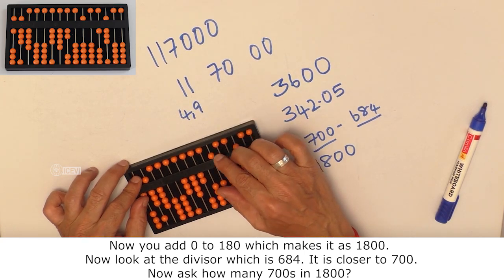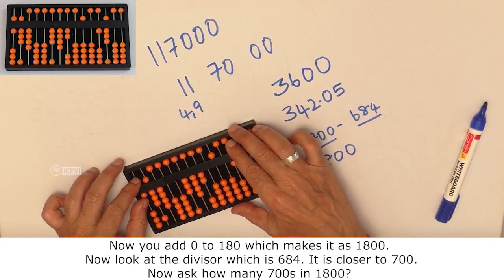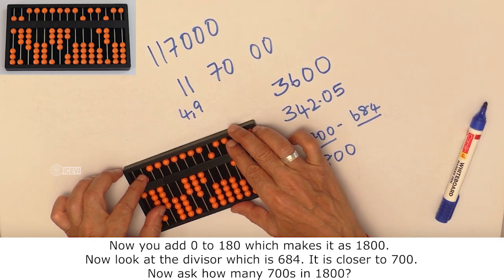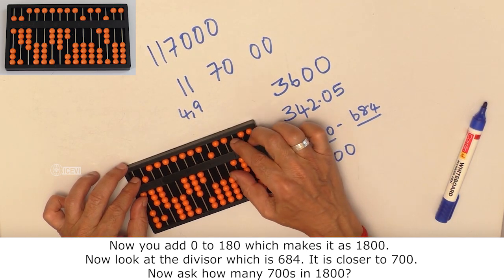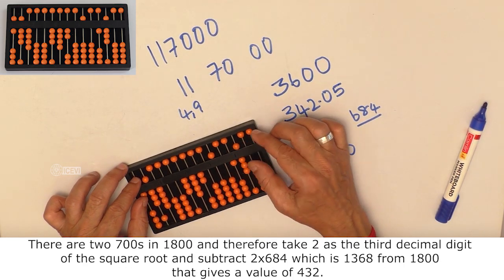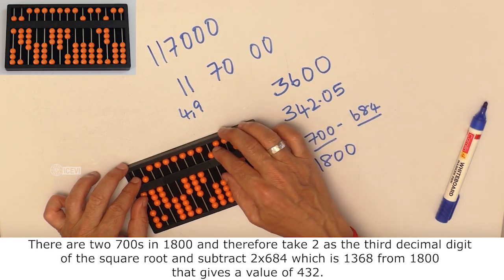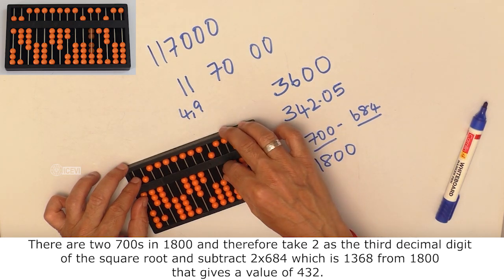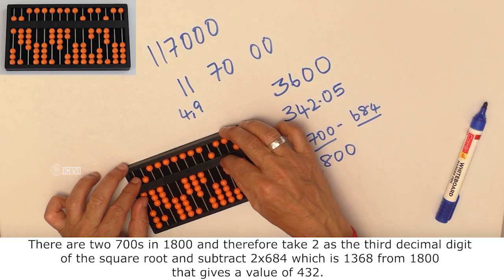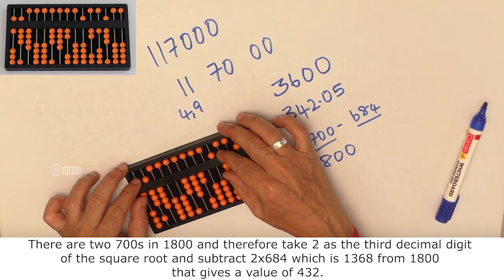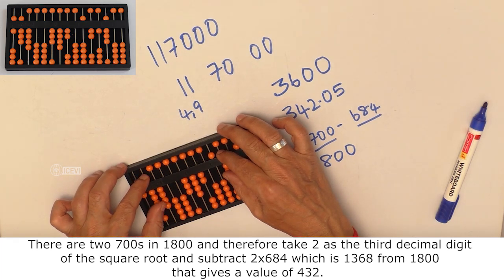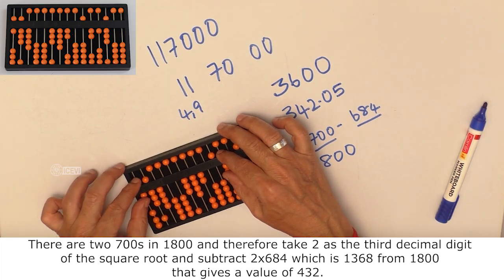Now you add one more 0 to 180 and make it 1800. Now look at the divisor, which is 684, which is closer to 700. Now ask how many 700s in 1800. There are 2, and therefore take a 2 as the third decimal digit of the square root and subtract 2 multiplied by 684, that is 1368.